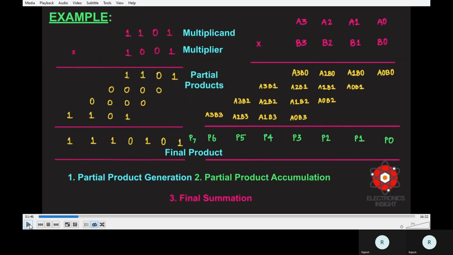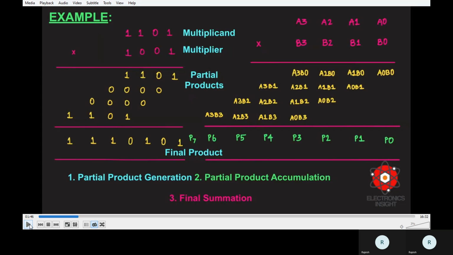So here on the left side we have a multiplicand, and on the right side we have the corresponding mathematical notations. So if you see A3, A2, A1, A0 and B3, B2, B1, B0 are the two numbers to be multiplied. The first one is called the multiplicand. The second one is called the multiplier. When you multiply each bit of your multiplier with the multiplicand, B0 multiplied with the multiplicand gives A0 B0, A1 B0.